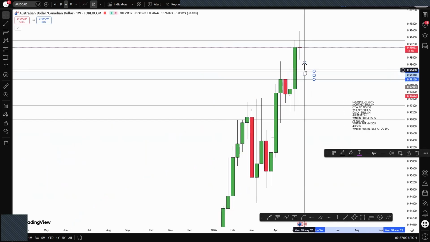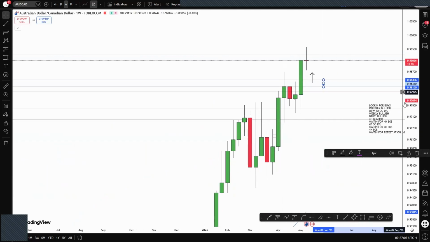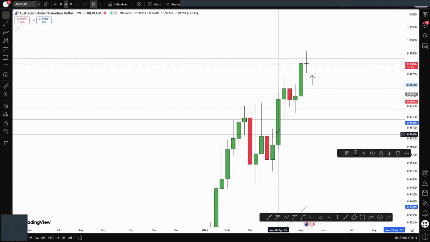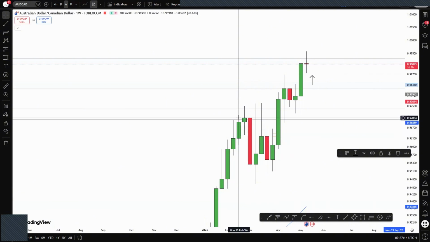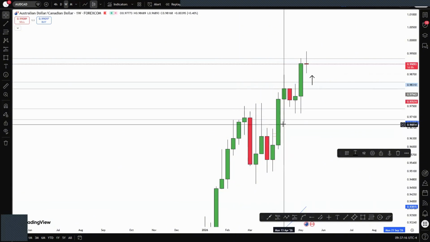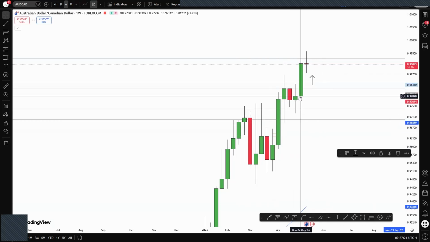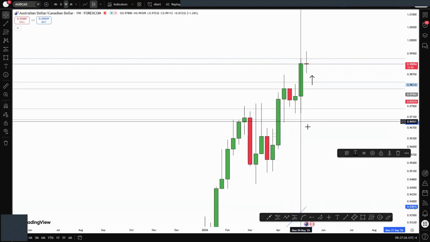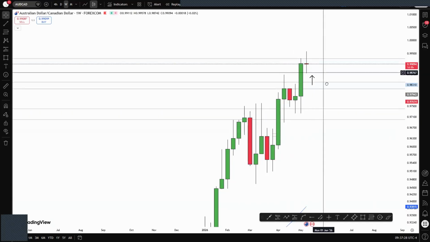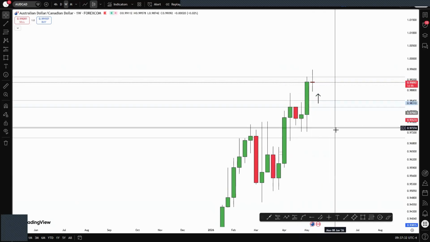But if you remember what I told you in the previous video, when price breaks for the first time of a weekly higher high, it gives you the weak pullback to enter. Then the next retest is usually a full retest, then it breaks above.